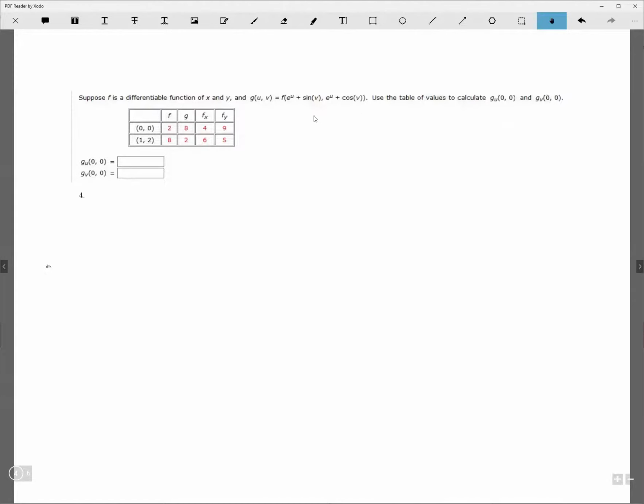So what do we have at the top here? We have g, right? And then g is a function of what and what?